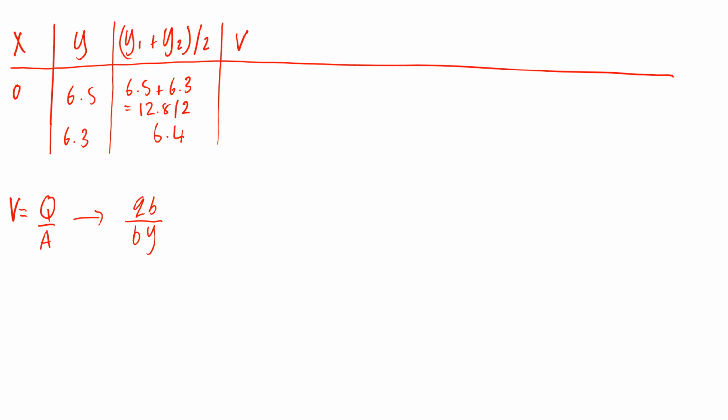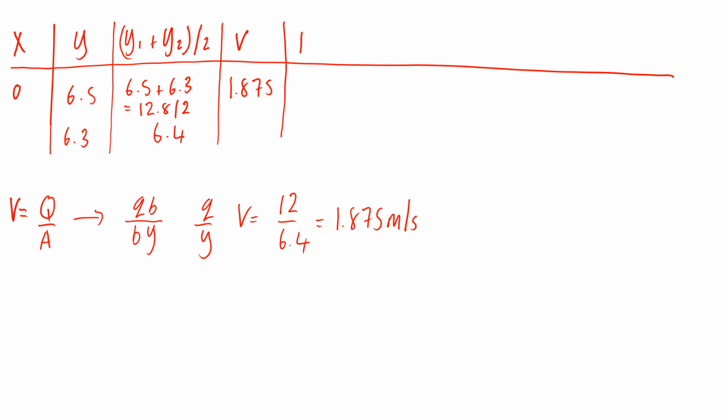The B at the top and the B at the bottom cancel out, so you're left with q over y. So v equals 12 over 6.4, and that gives you 1.875 meters per second. So here you have 1.875.